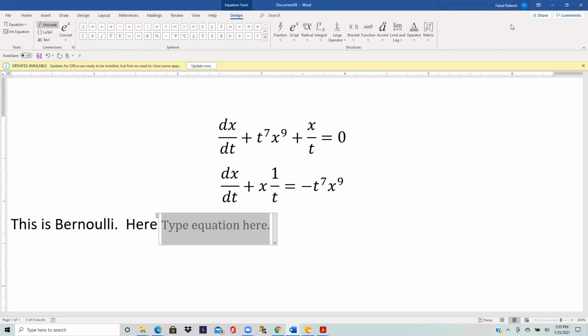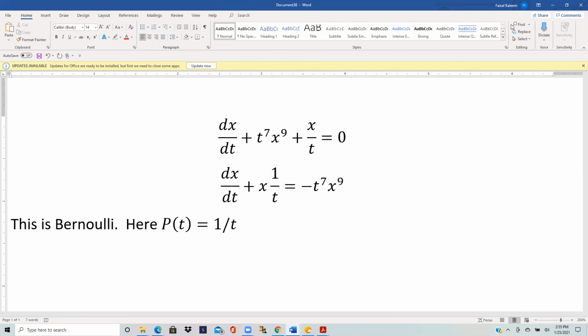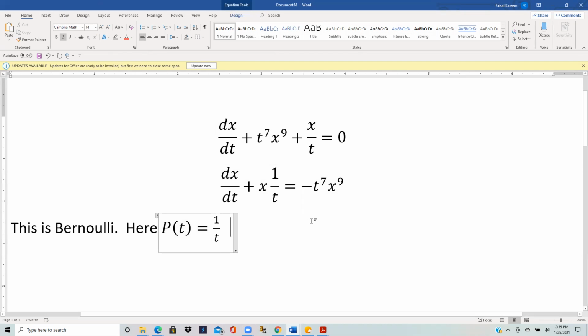So here p of t will be 1 over t, and q of t will be this negative t power 7.